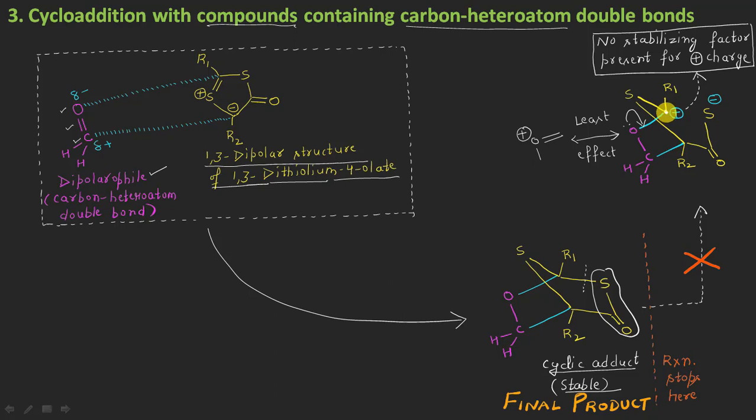So the positive charge here is not stable at all, and thus this reaction won't go further and will simply stop at this stage, such that this cyclic adduct will be stable and will act as the final product of this reaction of our mesoionic compound with a carbon heteroatom double bond containing compound, right? So this is all about the chemical properties and the reactions of the 1,3-dithiolium-4-olate molecule. And thank you so much.